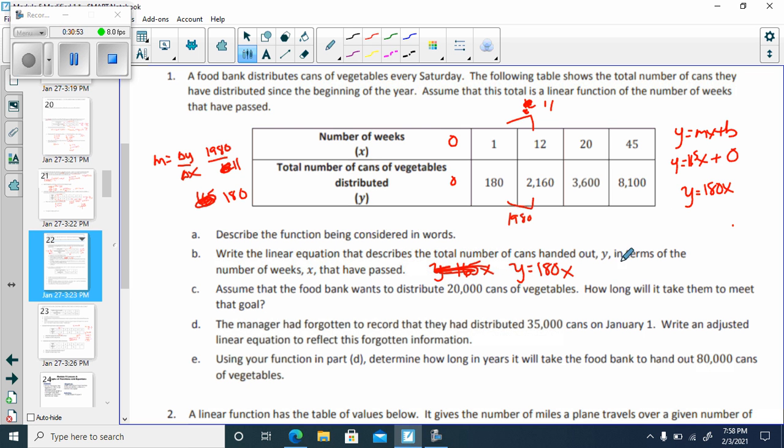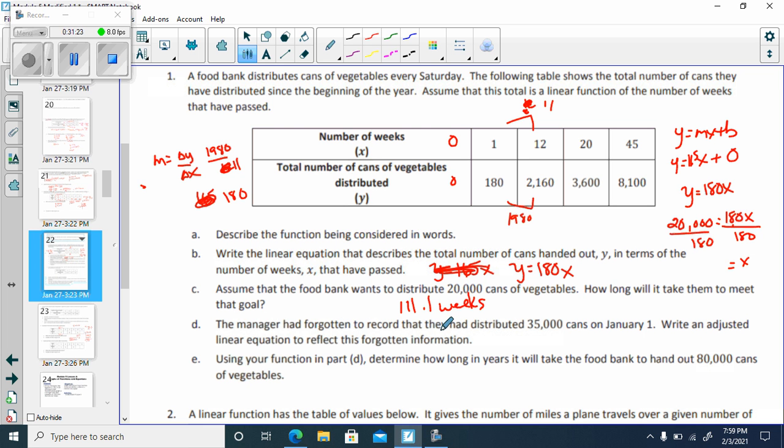Now, assume they want to distribute a total of 20,000 cans, so 20,000 is equal to 180x. Let's divide both sides by 180, and x is equal to 20,000 divided by 180, which would give me 111.1 weeks, okay?